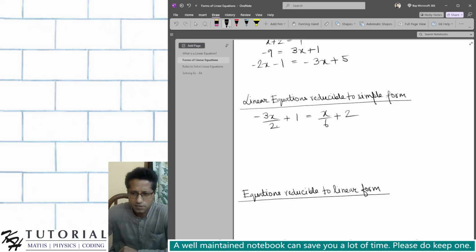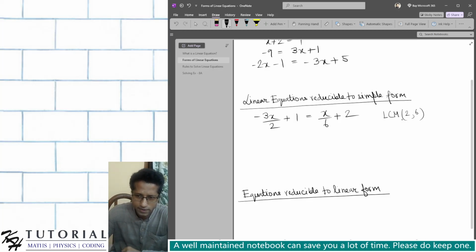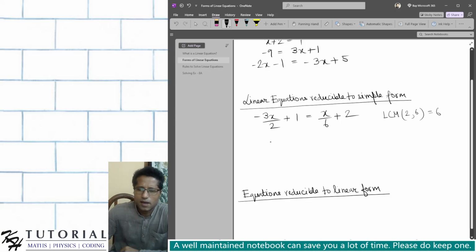Now, in this example, minus 3x by 2 is a rational term and x by 6 is a rational term, and we see that 2 and 6 are the denominators. So we take the LCM of 2 and 6. If the equation has many rational terms, we will find the LCM of all their denominators. So the LCM of 2 and 6 is 6, and we multiply both the sides by 6.